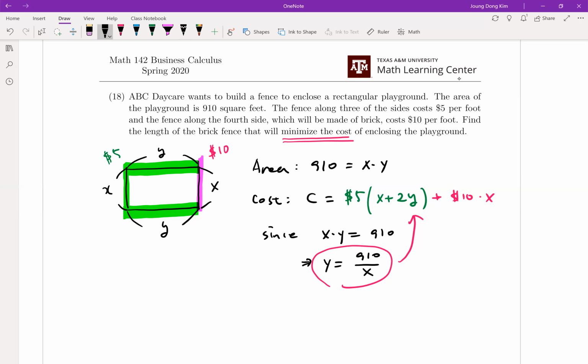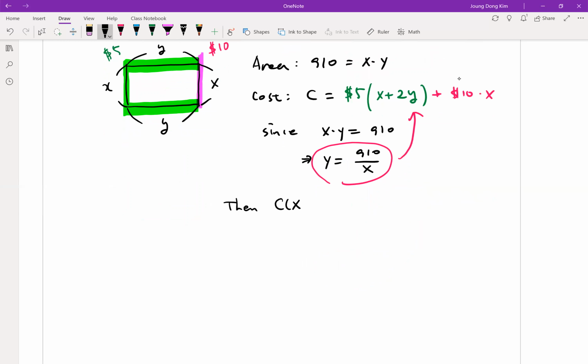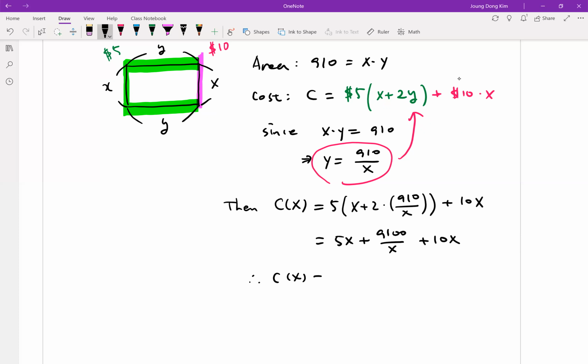My cost function C(X) is equal to 5 times (X plus 2 times 910 over X) plus 10X. Simplifying, it is equal to 5X plus 9,100 over X plus 10X. So my cost function is 15X plus 9,100 over X. That's it.